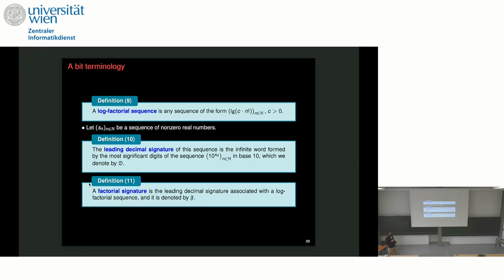So we define a log factorial sequence. It would be the logarithm of c times n factorial, S_n, let's suppose it is non-zero. We define that the leading decimal signature of the sequence is the word formed by the most significant digit of 10 to the power S_n in base 10, and a factorial leading decimal signature is associated with the log factorial sequence.